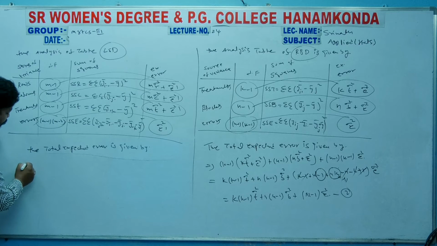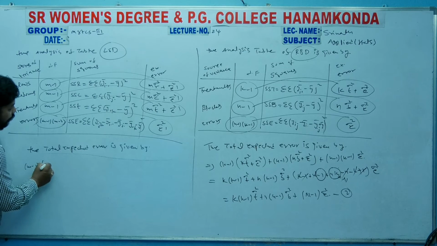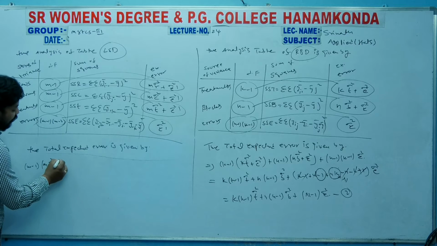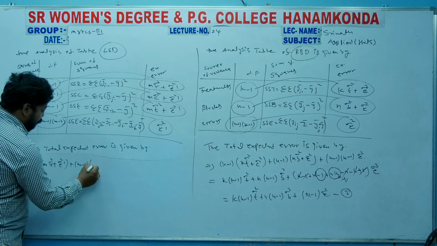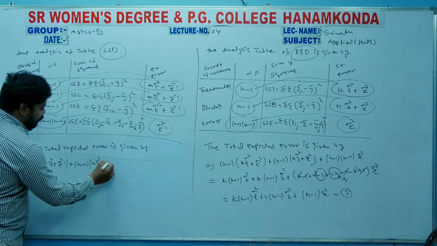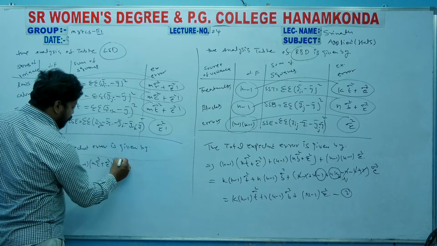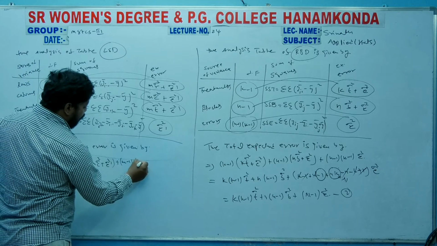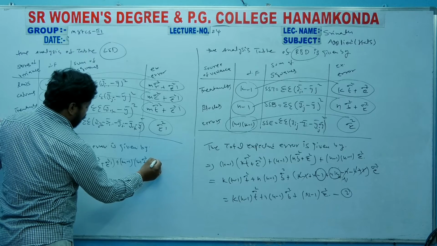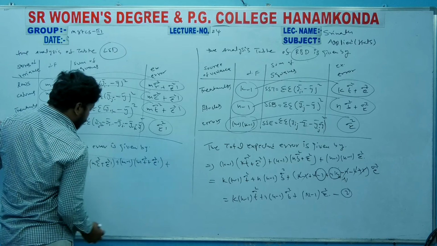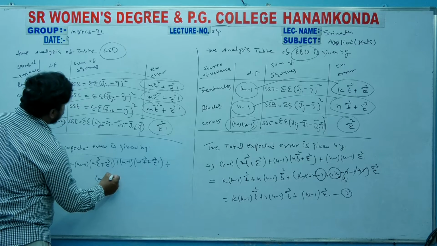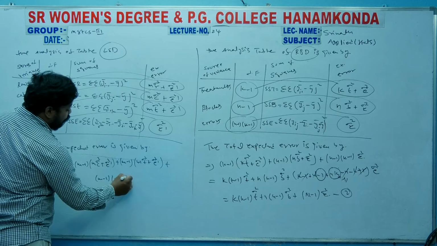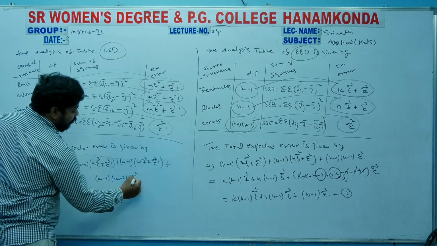So we can write here m minus 1 into m into variance of R plus variance of E dash, plus m minus 1 into m into variance of C plus variance of E dash, plus m minus 1 into m into variance of T plus variance of E dash, plus m minus 1 into m minus 2 into variance of E dash.